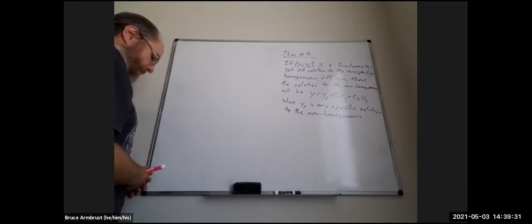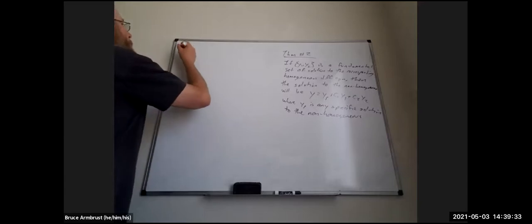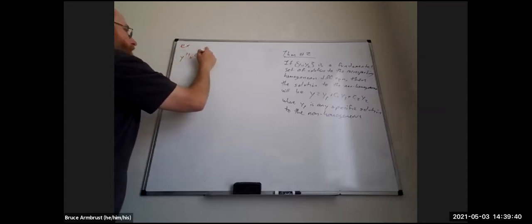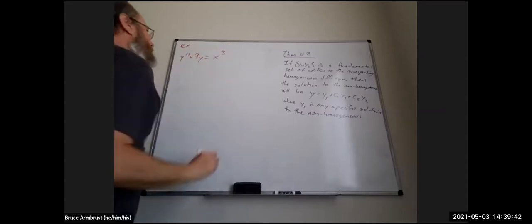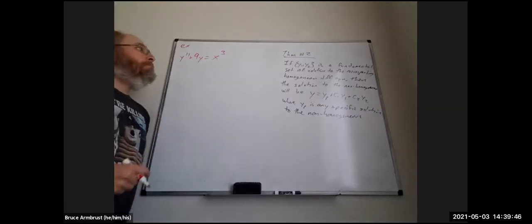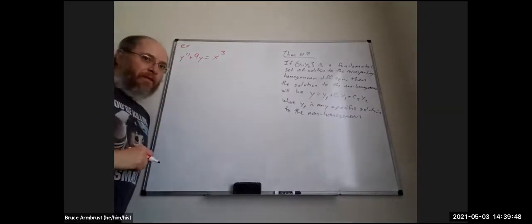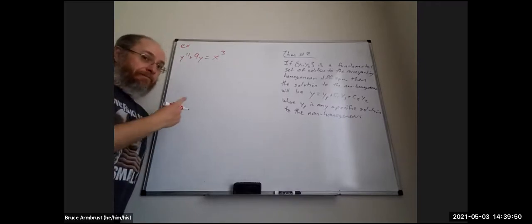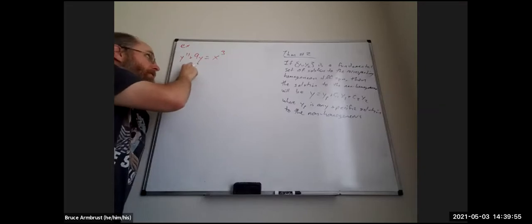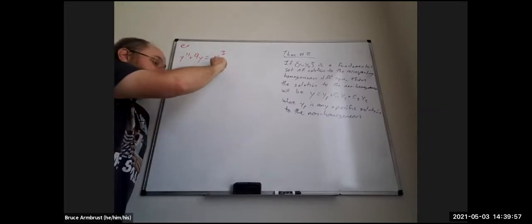So let's go with this one. Let's say we've got y double prime plus 9y equals x cubed. So this is linear, second order with constant coefficients, but it's non-homogeneous.